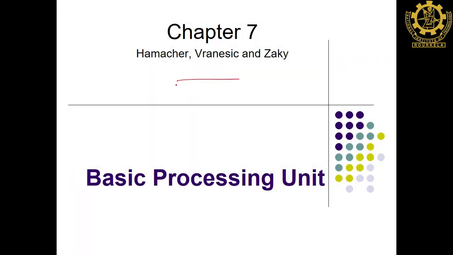So, in today's class, if you remember the first day's class, we had a block diagram of a computer system. You can see here this is the block diagram of a computer system, and we say this is the CPU.